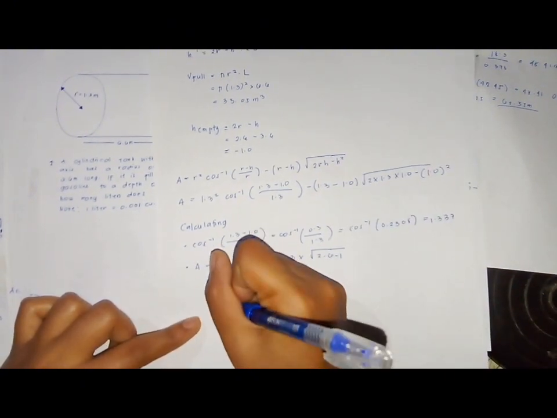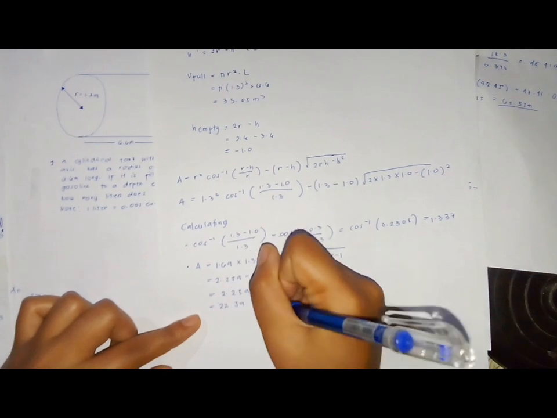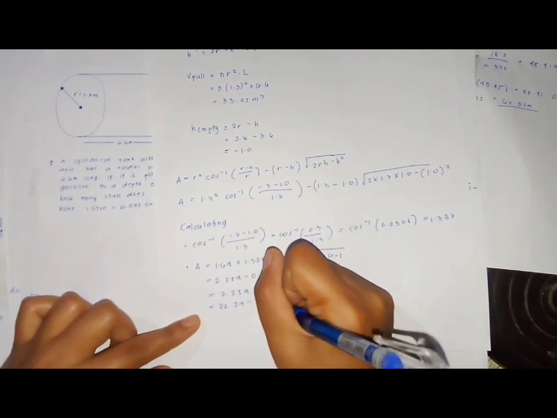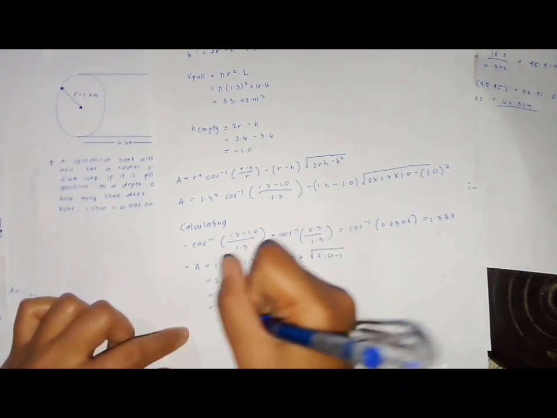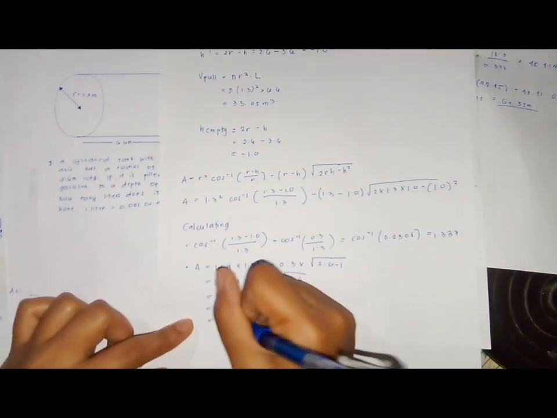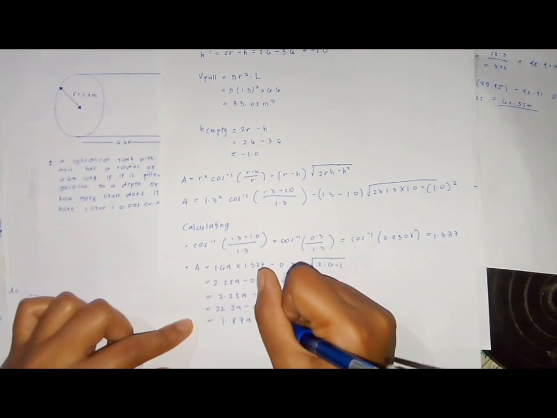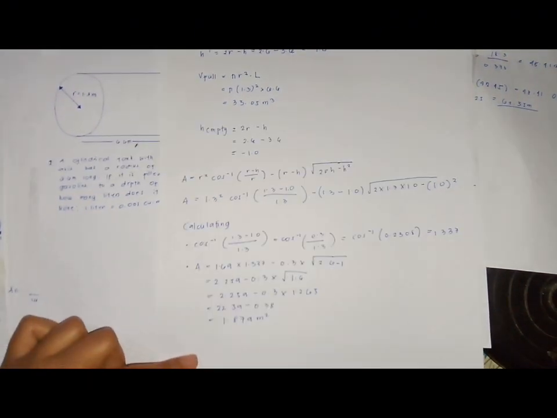So 2.259 minus 0.38, the answer is 1.879 square meters.